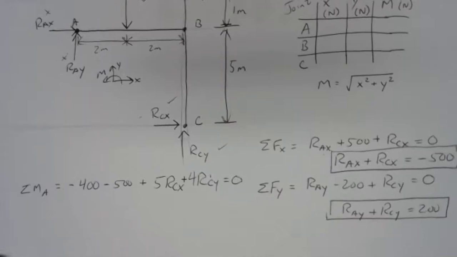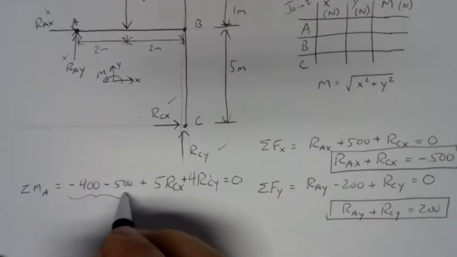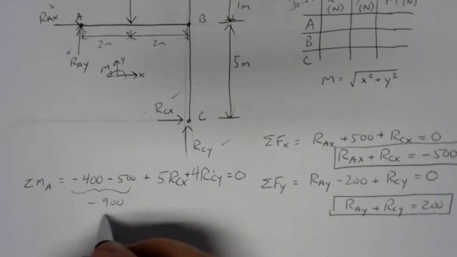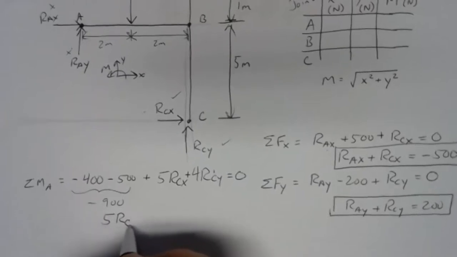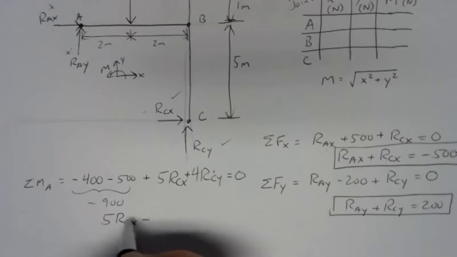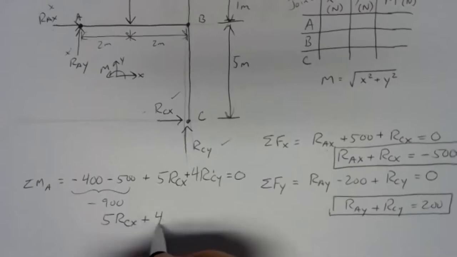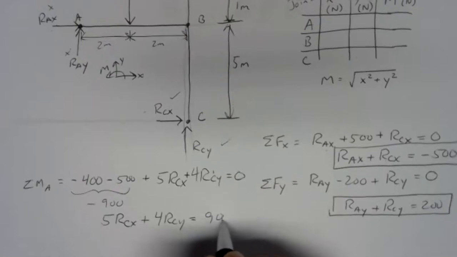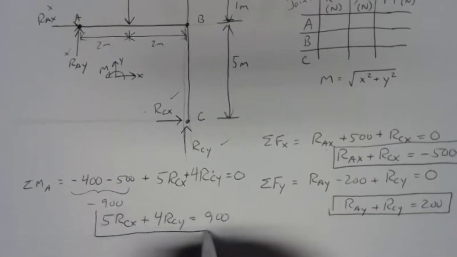And in our moment equation, we can combine these two together. That's negative 900. But if we add 900 to both sides and clean the equation up a little bit, we get 5 RCX plus 4 RCY equals 900. That's another constraint.